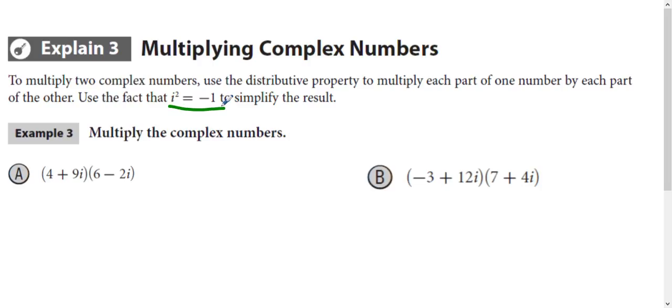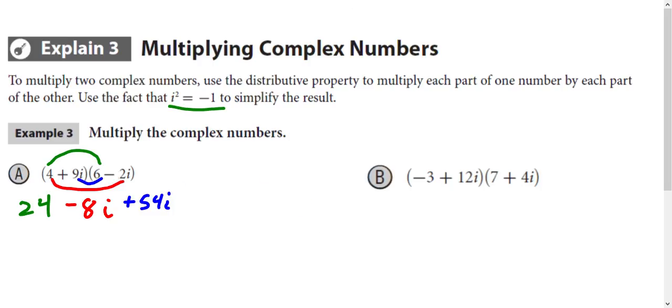So you start by FOILing. Take first terms, 4 times 6. That's 24. Then you take outside, 4 times negative 2i. That's negative 8i. Then you do the inside, 9i times 6. 9 times 6 is 54i.